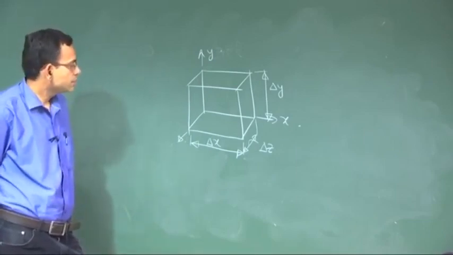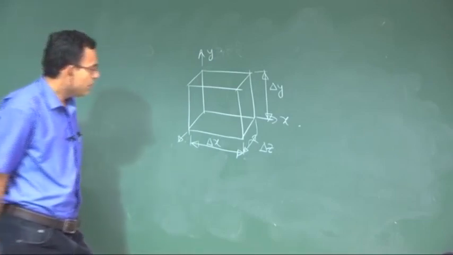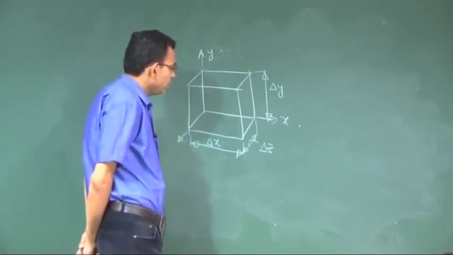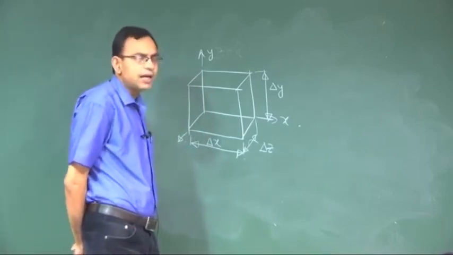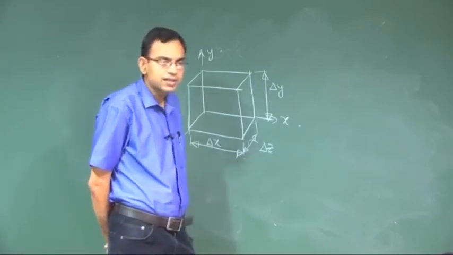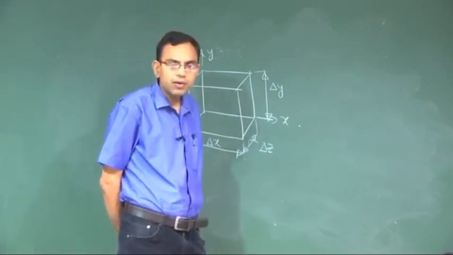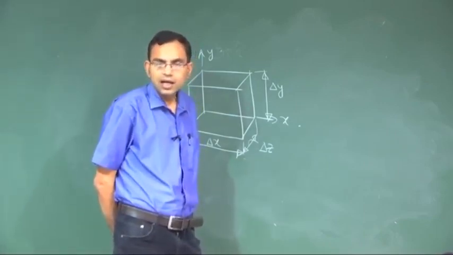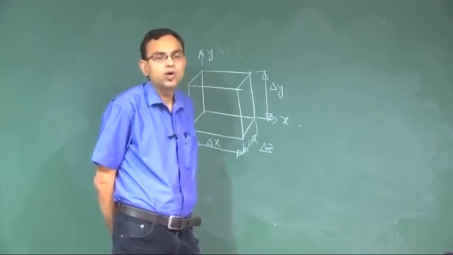Now we will try to individually calculate what is the change in delta x, what is the change in delta y, what is the change in delta z, and accordingly what is the change in volume of the fluid element.